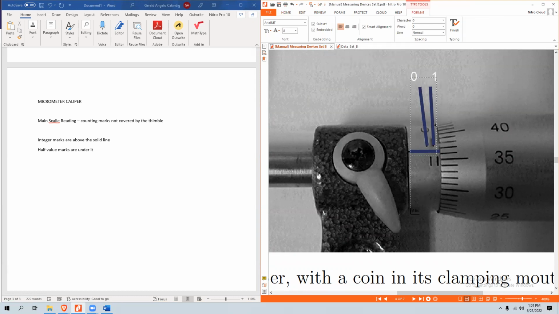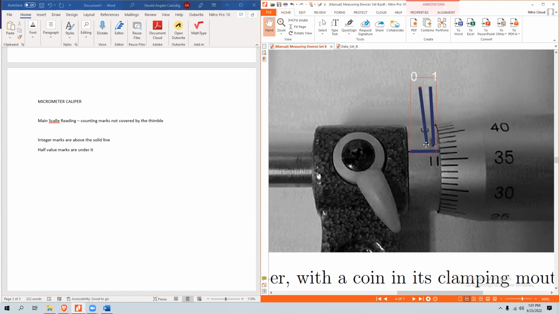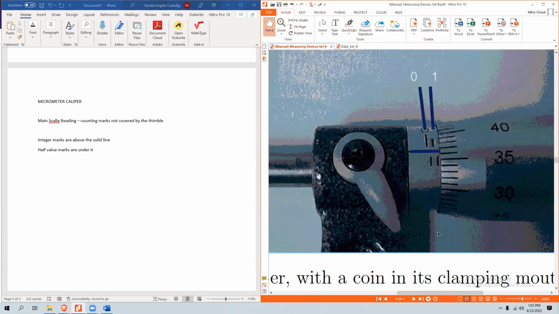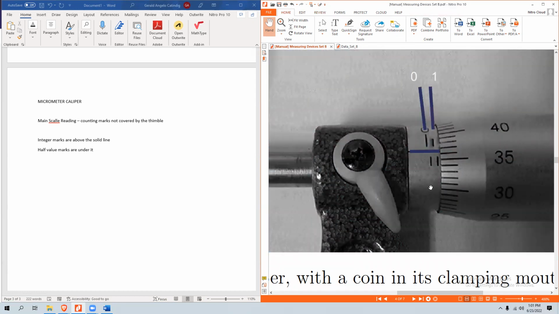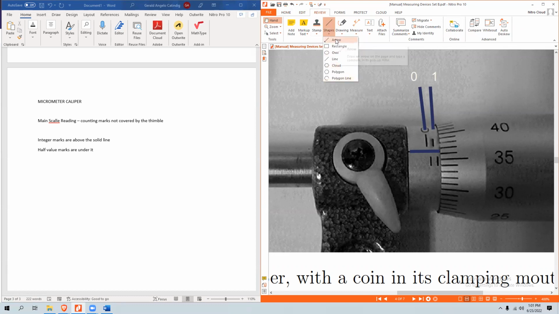So if papansinin ninyo, hindi magkatapat exactly yung lines ng taas at baba. This is because half integers naman ang binibilang nung nasa baba ng solid line. So for example, I want to measure this line. So this line is in between. So the line under is in between the integer marks.